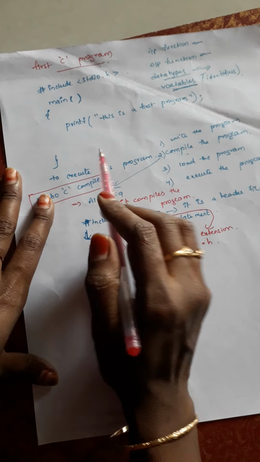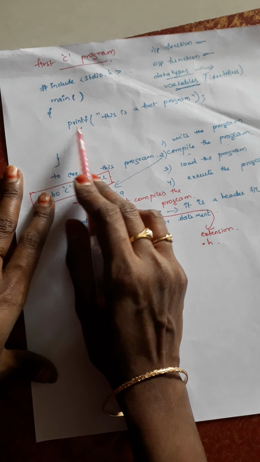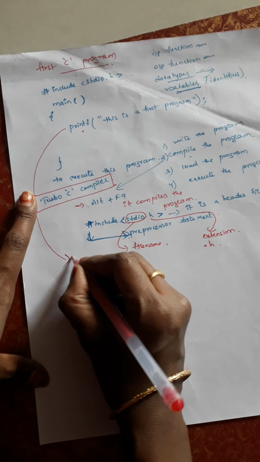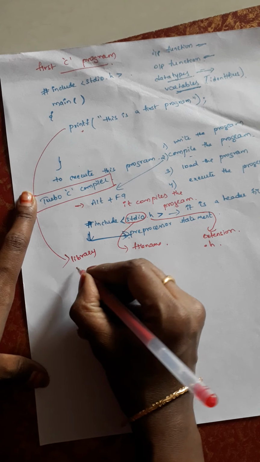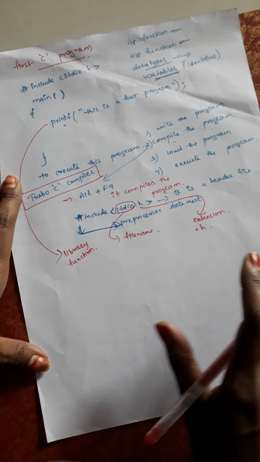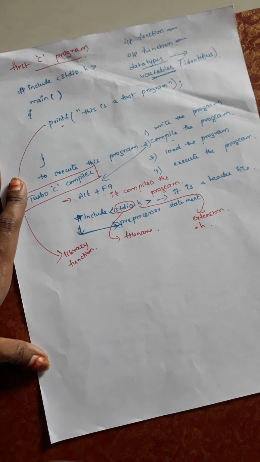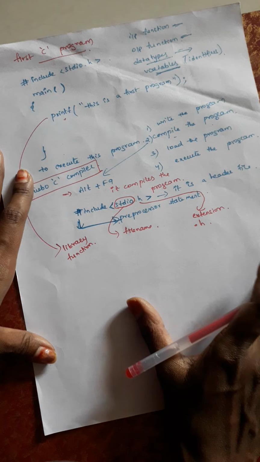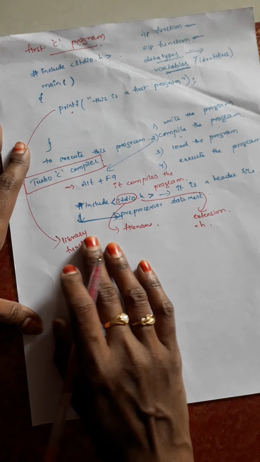Here printf is a library function, because it is already defined in the C library. Where is it defined? In one file.